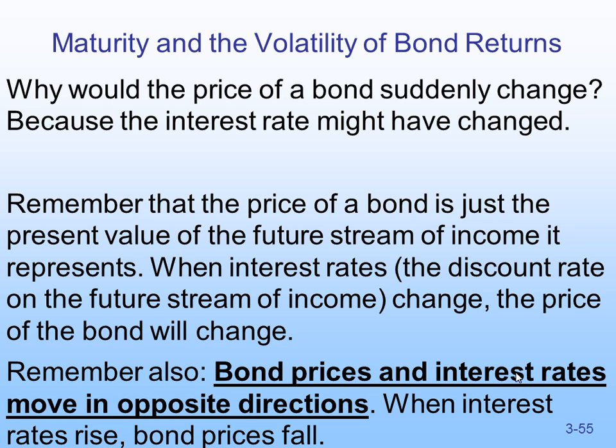So when interest rates, or what we're using as the discount rate for the future stream of payments, change, the price of the bond will change. And this is now the 3rd time I'm saying it: bond prices and interest rates, or yields, move in opposite directions. When interest rates rise, the bond price falls. If our bond price went up from 100,000 yen to 120,000 yen, what does that mean happened to interest rates? They fell.